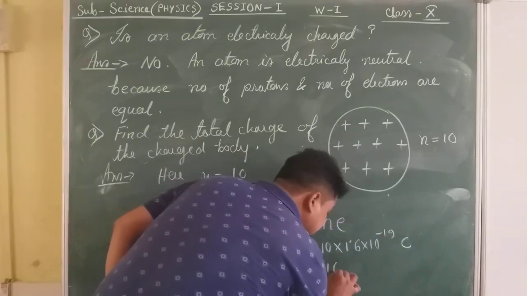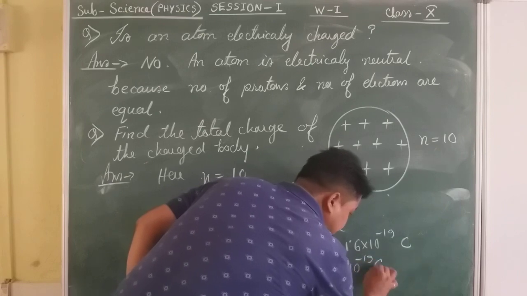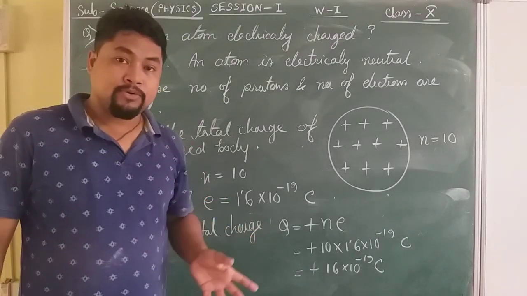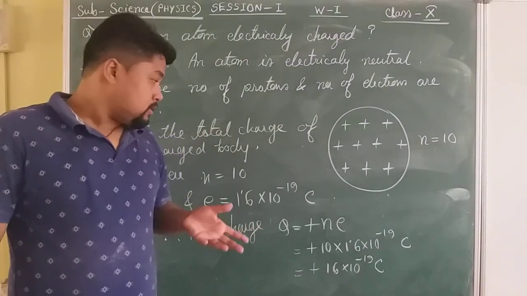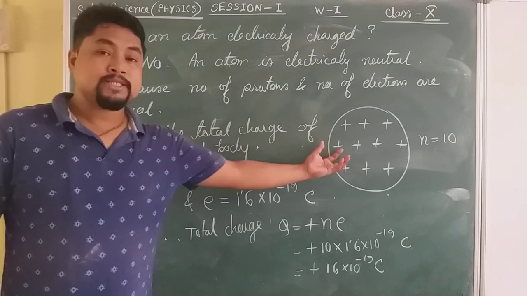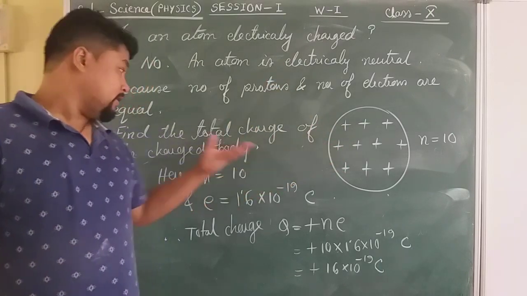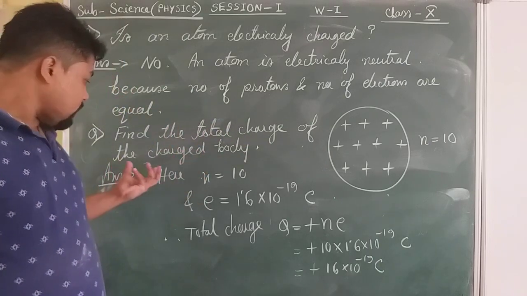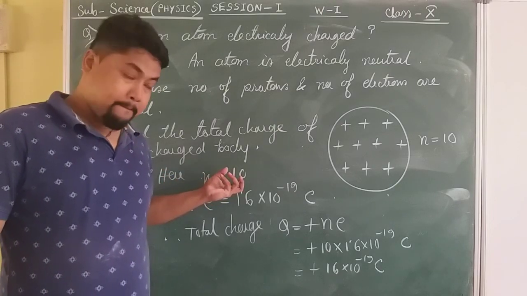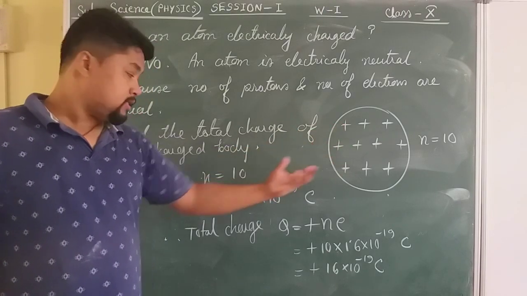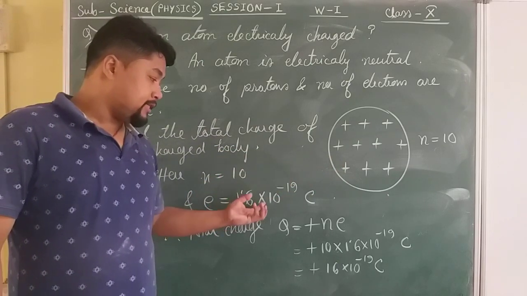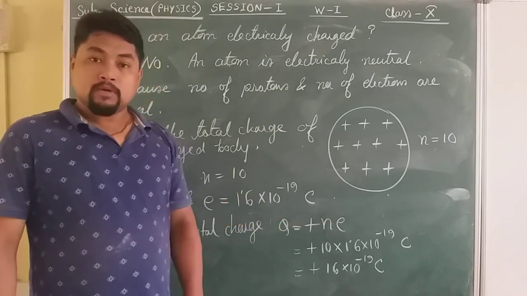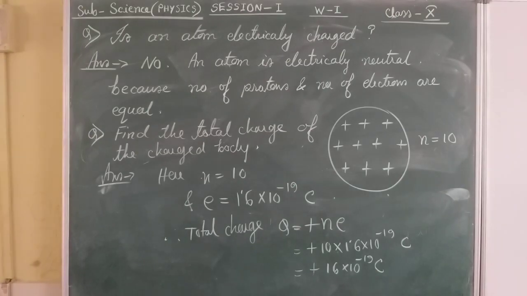Therefore, plus 10 into 1.6 into 10 to the power minus 19. So from the mathematical statement of quantization of charge, we can calculate the total charge of a charged body. Total charge Q is equal to plus n into e. Okay?